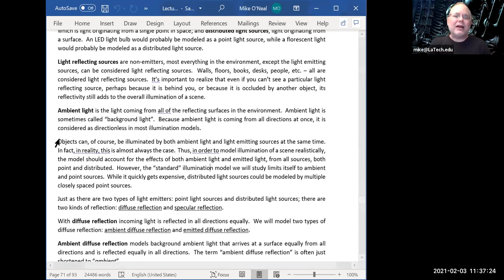Same thing with ambient lighting. Light rays are rays. They hit surfaces, they bounce off in particular directions. They come from directions, they bounce around. So you could model all of those rays of light and how they bounce around in the environment.